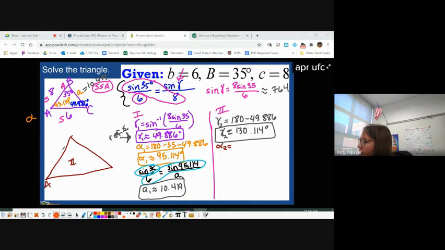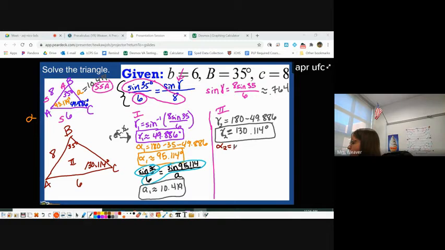Okay, so if we had A, B, C, we were given that angle B was 35 degrees and that side B was 6. We were given that side C was 8. And we just found that gamma, which is our angle at vertex C, is 130.114. Okay. And so if we want alpha, the fastest way to find the third angle, if we know two angles of a triangle, is to subtract from 180.